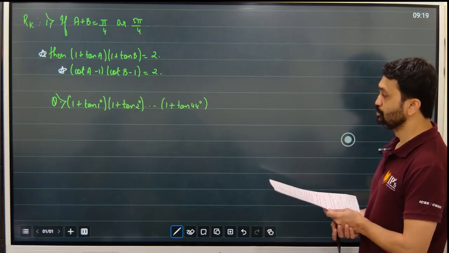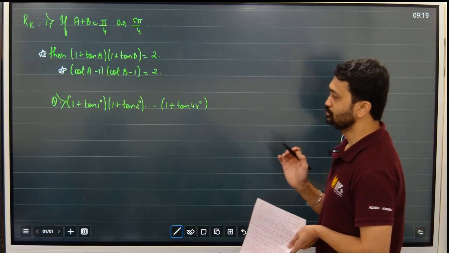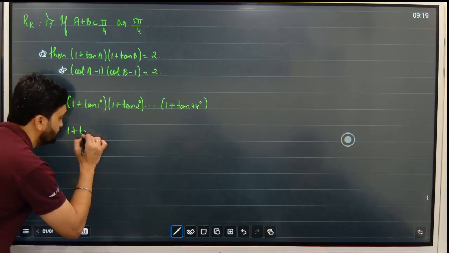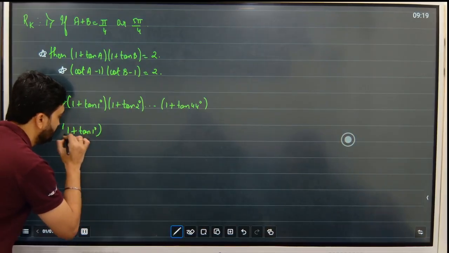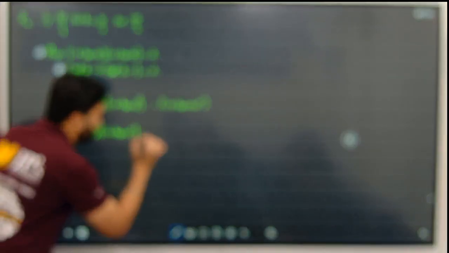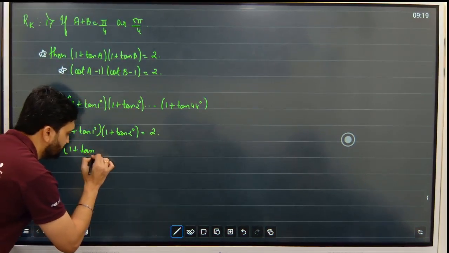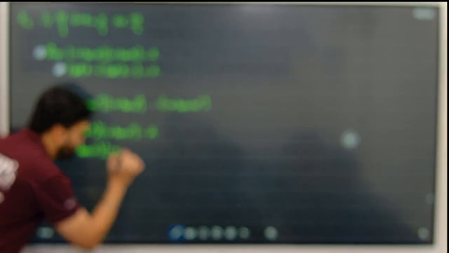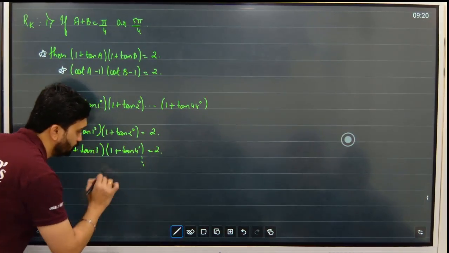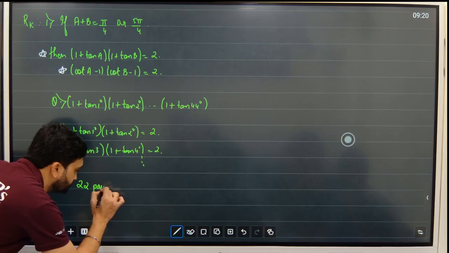I know that there are going to be 22 pairs because 44 halved is 22. The first two brackets, (1 plus tan 1)(1 plus tan 2), will be 2. In the same way, (1 plus tan 3)(1 plus tan 4) will also be equal to 2, and so on. So basically, there are going to be 22 pairs.